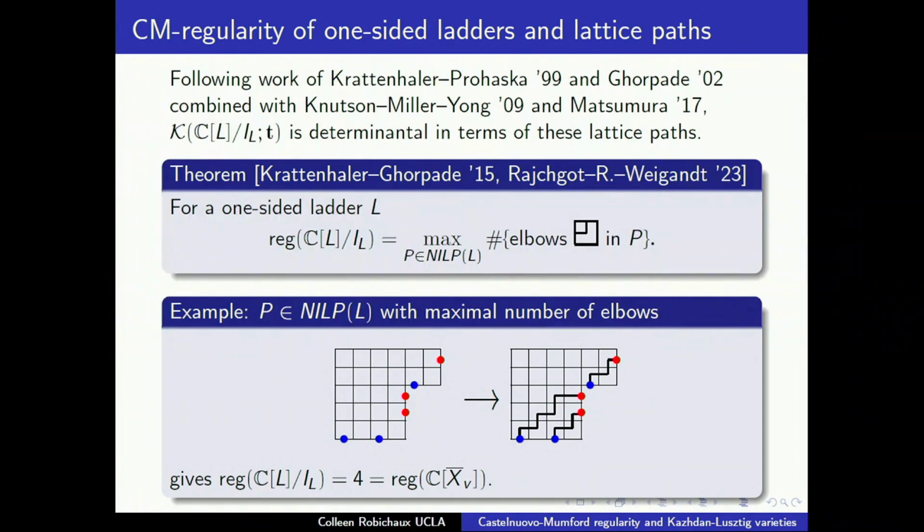And you can actually see that the positions of the elbows in this lattice path, so this is a maximal one, the positions of elbows here are exactly the positions of these maximal number of pluses that I had on the previous slide. So again, these lattice paths are exactly telling us that we want to compute these longest anti-diagonals.